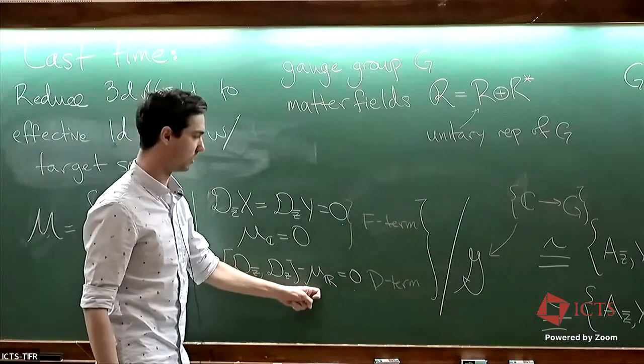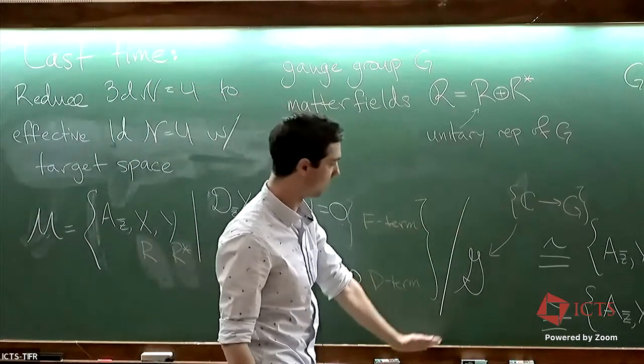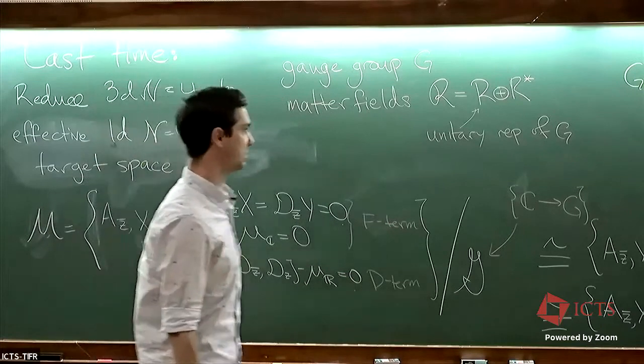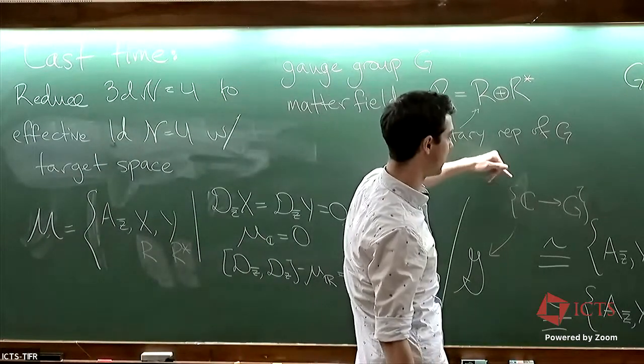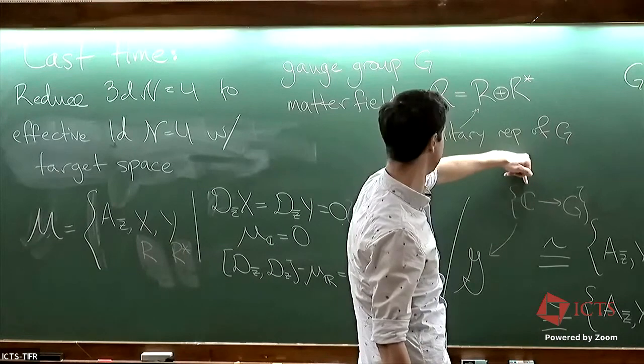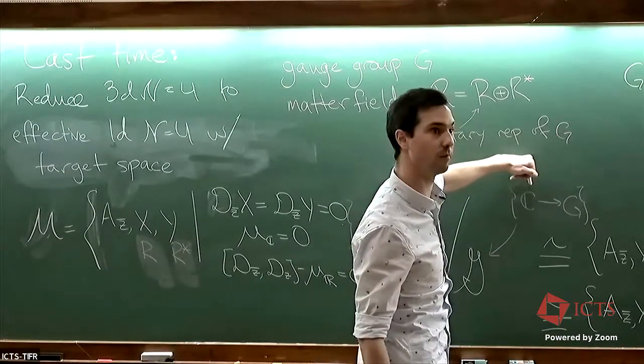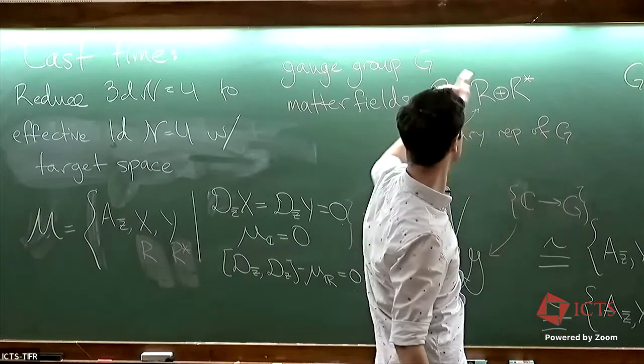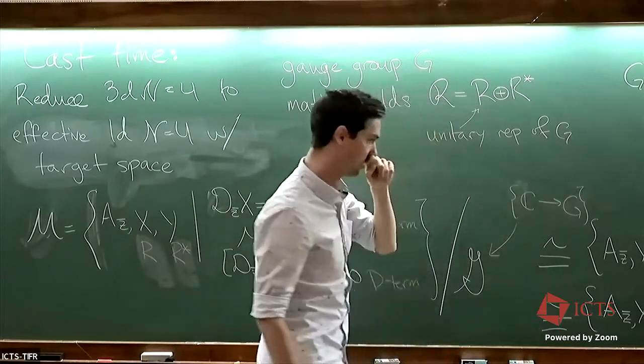And this is the real moment map. Of course, this is all modulo gauge transformations. And from this one-dimensional perspective, the gauge group looks roughly like gauge transformations on the complex plane. So it's something like maps from C into our compact group G.